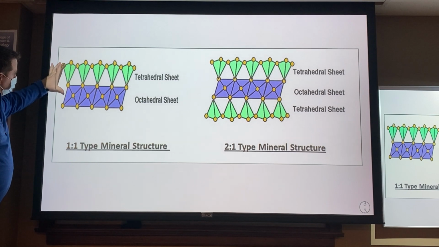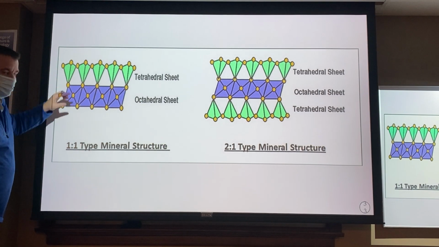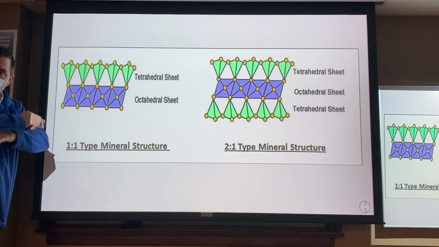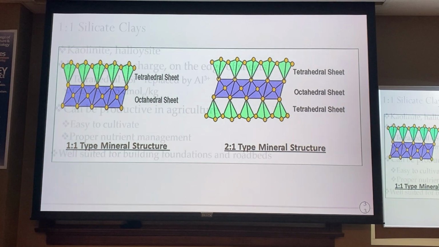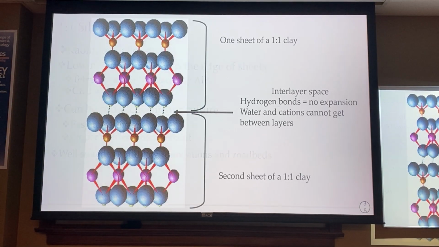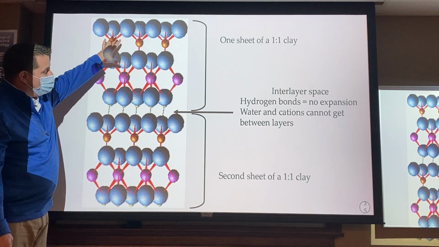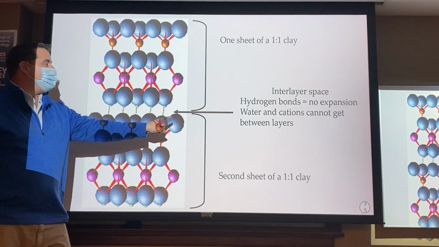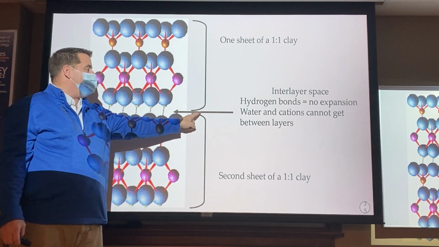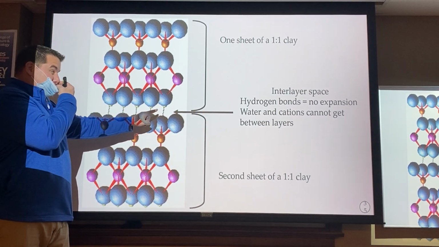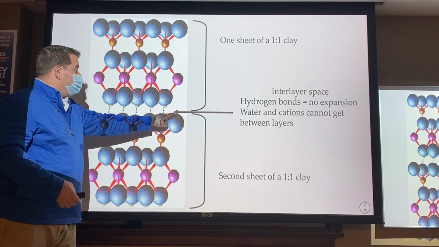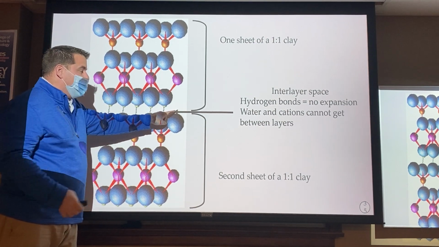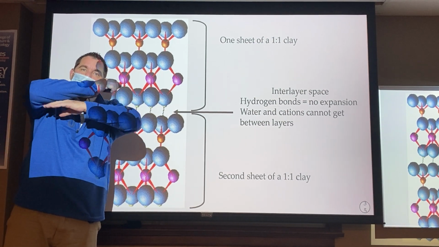The force of attraction in between these two layers is so tight that they just won't shift. However, if we have a 1-to-1 on top of a 1-to-1, it is possible to have some water, but not much, and that's why they don't shrink and swell.